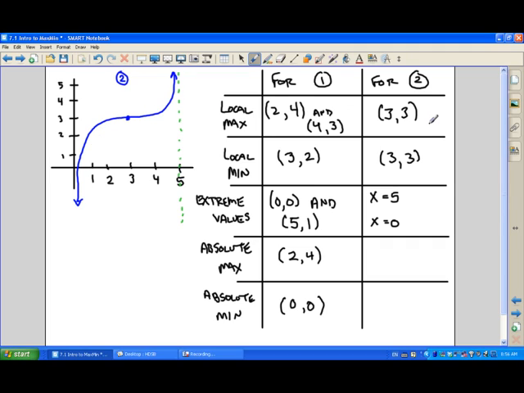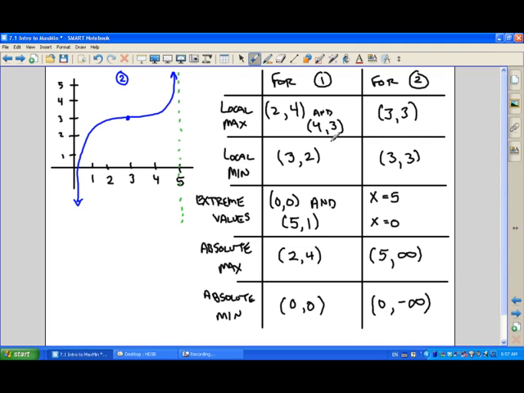So even though I identified some local max and local min, my absolute maximum happens when x equals 5 and y approaches positive infinity. Never gets there, but it approaches it. My absolute minimum happens when x is 0 and y approaches negative infinity. Again, we'll never get there, but we'll get close to it.